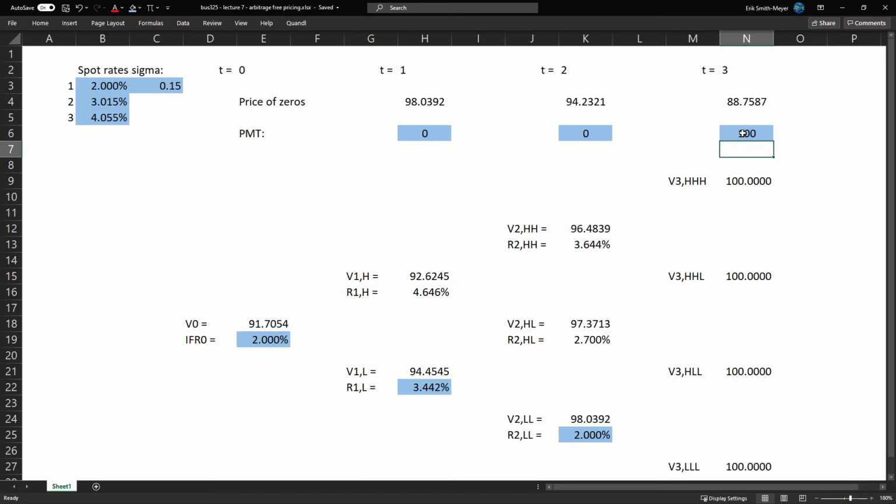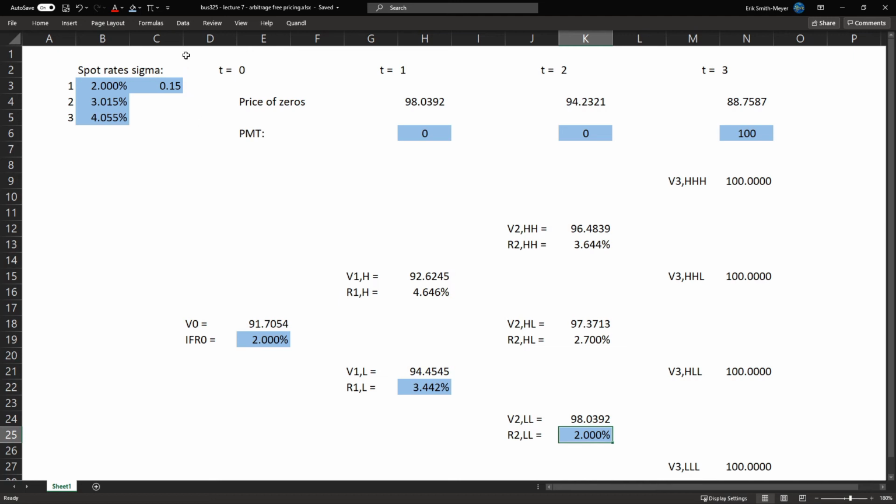If we can price this bond such that the model gives the same price as the market price, then we have calibrated our model, okay? Which means that we try to change this low interest rate until our model price is equal to the market price.